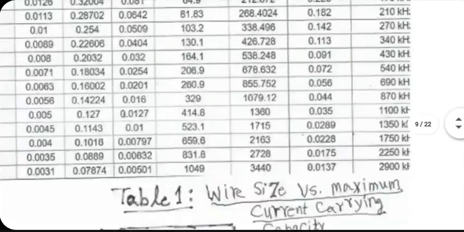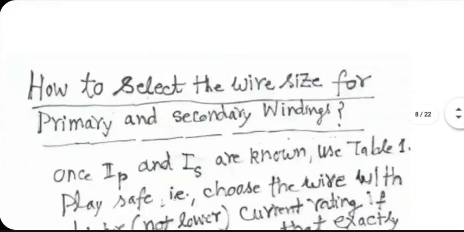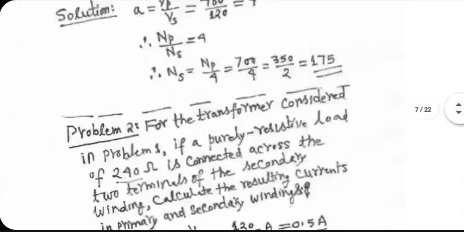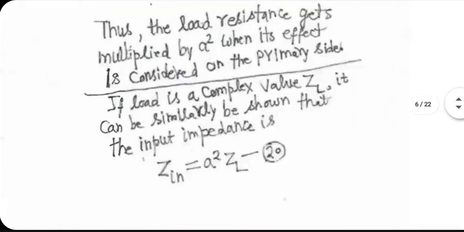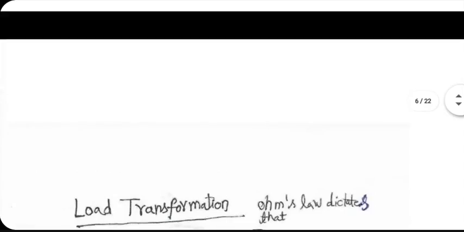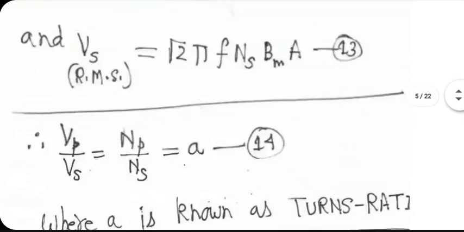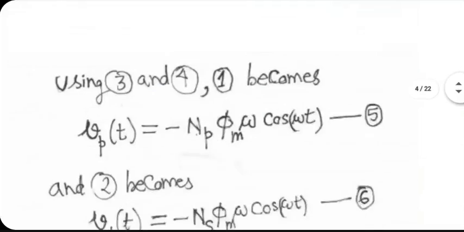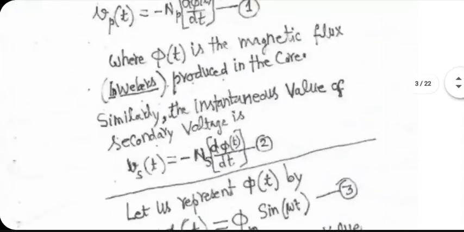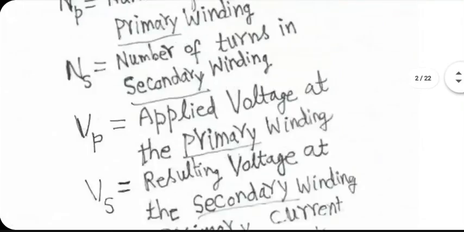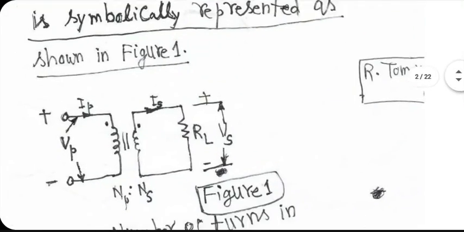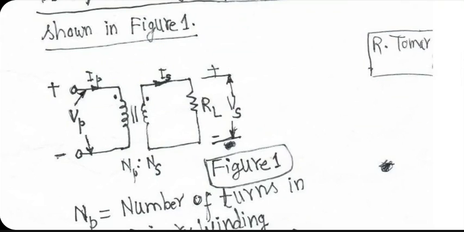Let me go back to the diagram of the ideal voltage transformer. Here, the value of RL when transformed to the primary side will become A square RL.